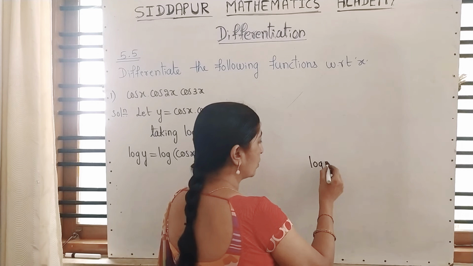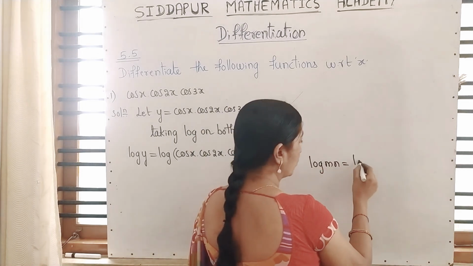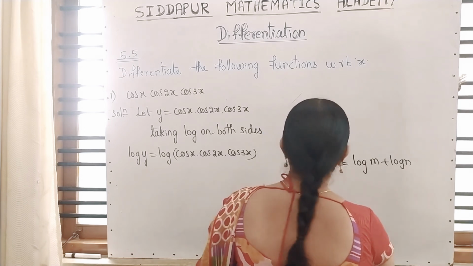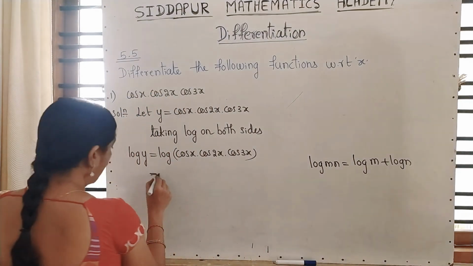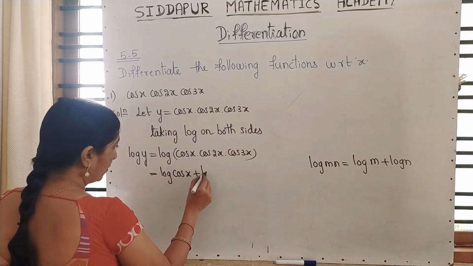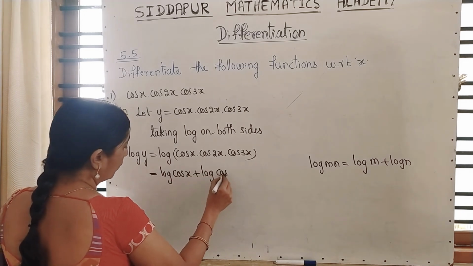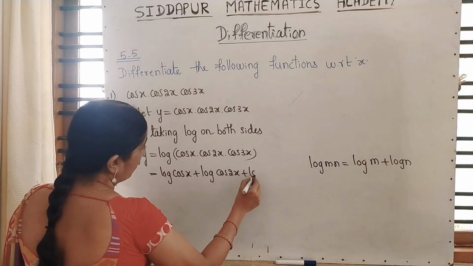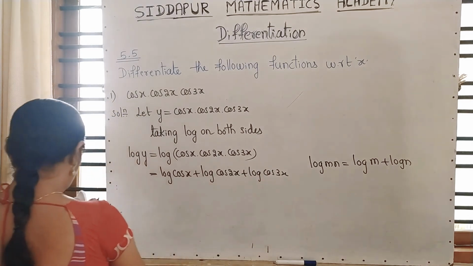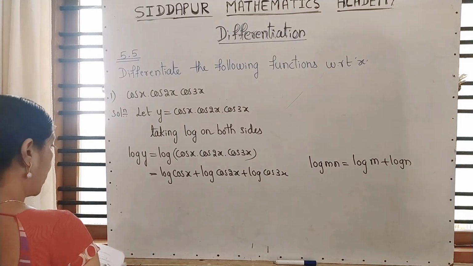Not only for two terms, you can apply for more than two terms. Log mn is log m plus log n. So this will be written as log cos x plus log cos 2x plus log cos 3x, because of that basic properties of logarithms.